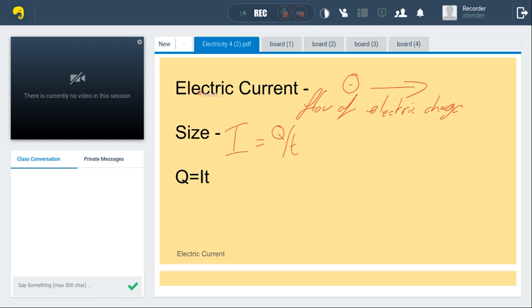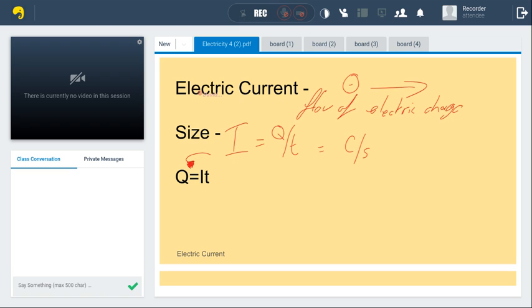So I would equal Q over T. That means as a follow-up, of course, that Q is equal to IT. That can come up in little questions. You've probably not done a huge amount of questions where you were doing Q equals IT, but it is there. But anyway, I is equal to Q over T. So charge is measured in coulombs per second.